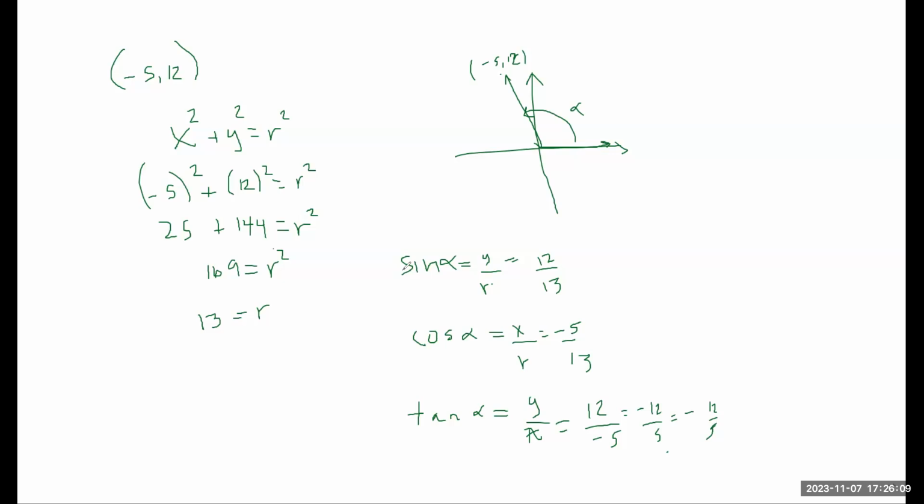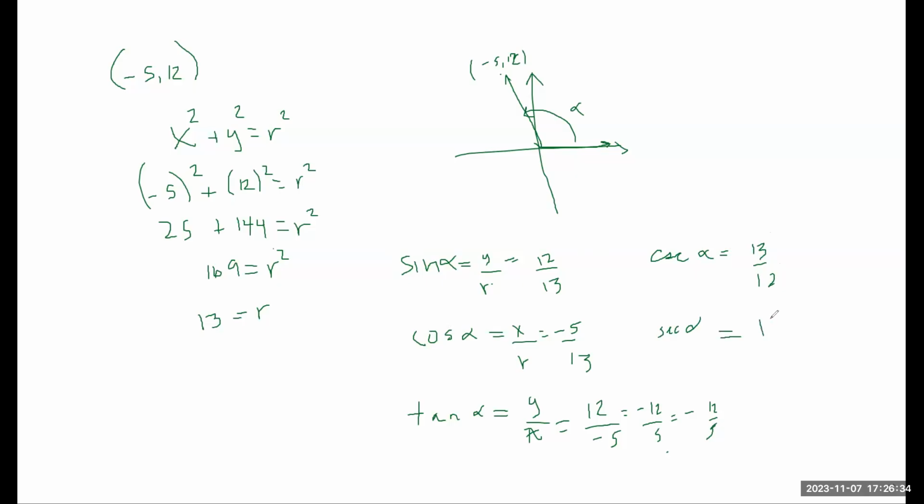The reciprocal of the sine function is the cosecant. Make sure you put your angle on your trig ratio. And instead of 12 over 13, we'll put 13 over 12. The cosine's reciprocal is a secant. Put the secant of alpha.